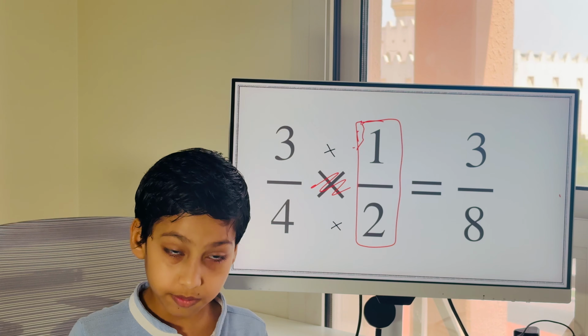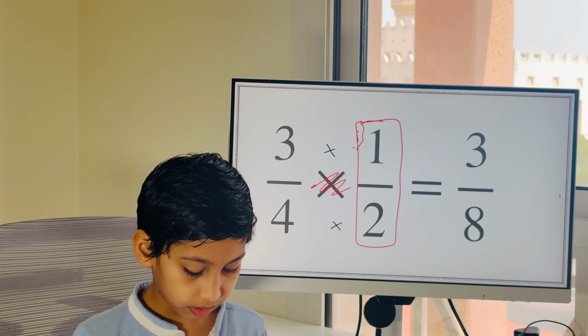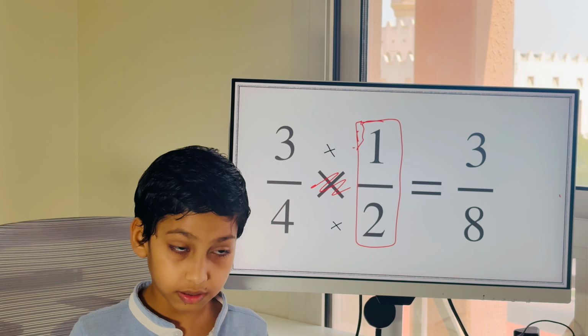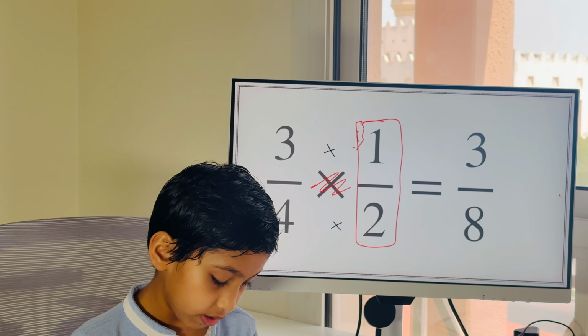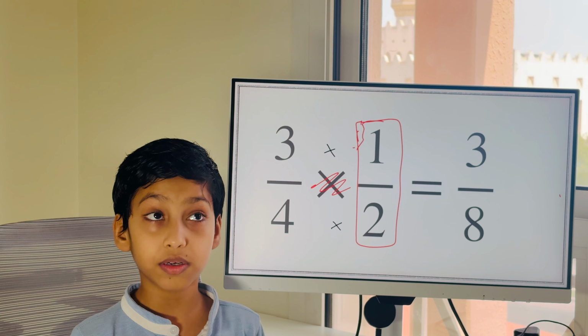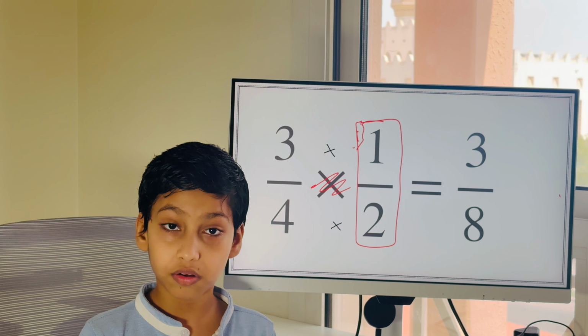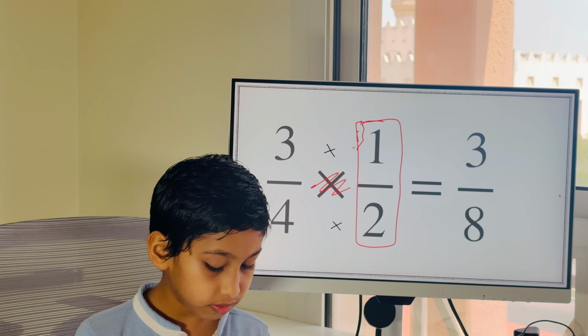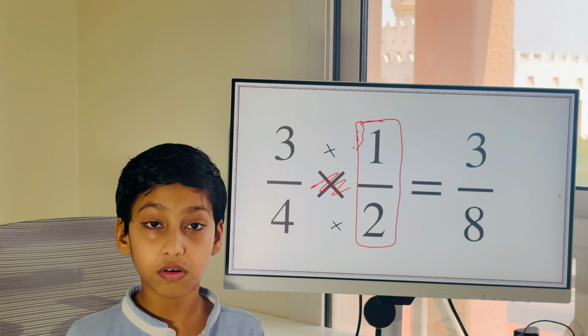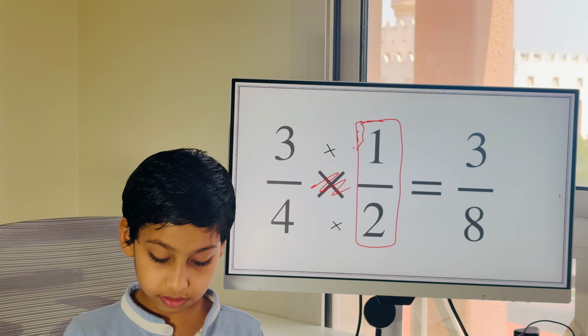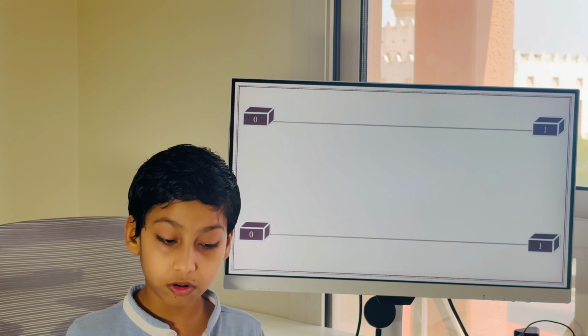Now always remember, when we are multiplying two proper fractions, the multiplication sign means of. Okay, so this means 3 by 4 of 1 by 2 is 3 by 8. Now that might be a bit more meaningful.